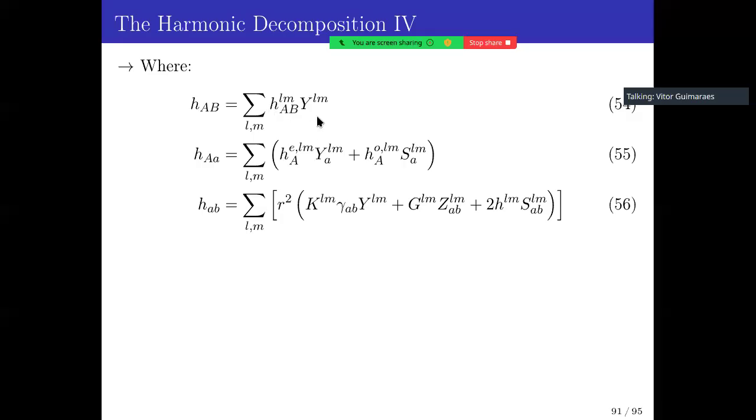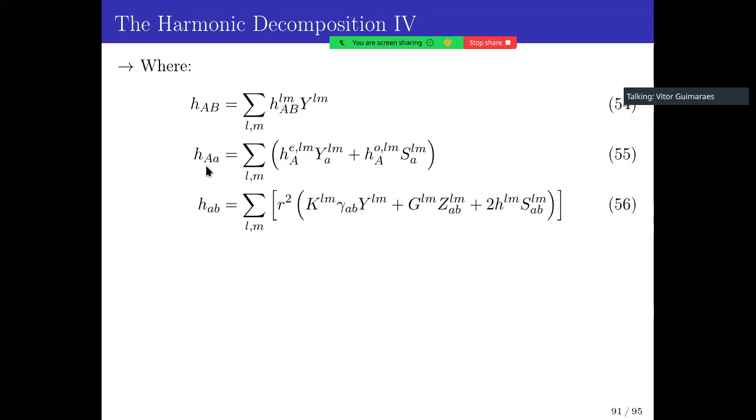So as far as the two-sphere is concerned, these functions are scalars, right? So these are the components, and this is the basis, okay? But in the full manifold, this transforms as a tensor, right?